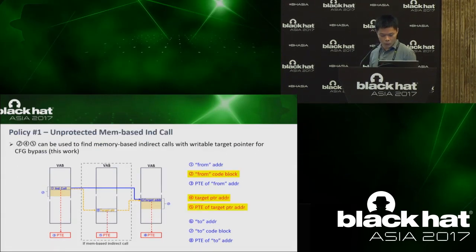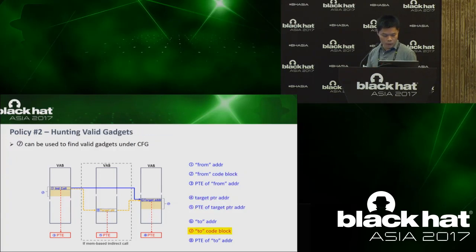In our current work, we used data number 2, from code block, and data number 4, the target function pointer, and data number 5, the PTE of the target function pointer, to look for unprotected memory-based indirect calls which had a writable function pointer. Alternatively, we can use data number 7, to code block, to look for valid gadgets under CFG.